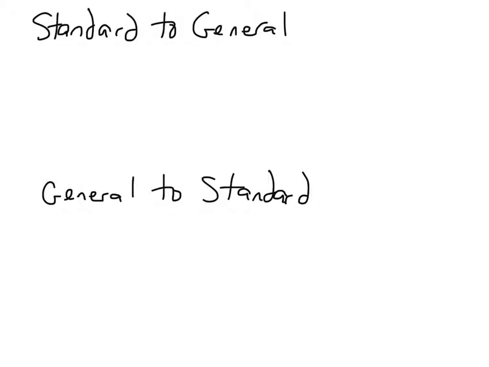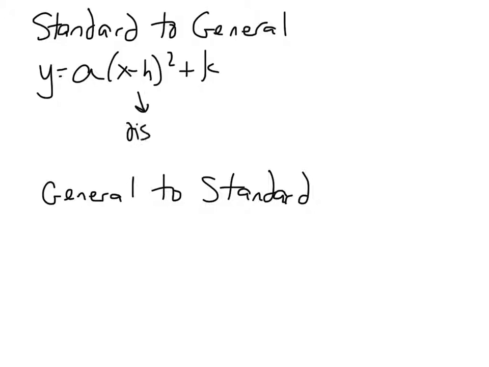Standard to general is the easiest one because when you take y equals a(x minus h) squared plus k and you want to rewrite it in ax squared plus bx plus c, all you have to do is distribute and then combine like terms.